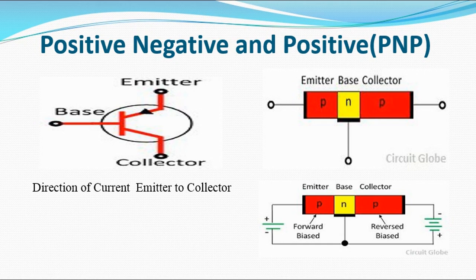Why is the switching time faster in one than the other? In NPN, the switching time is faster, while in PNP, the switching time is slower.